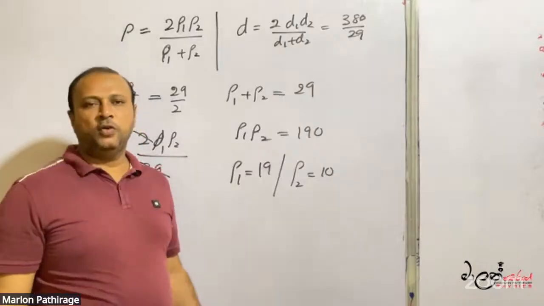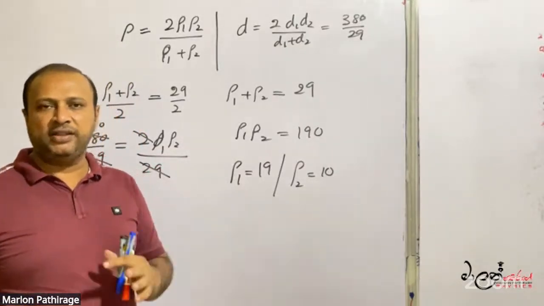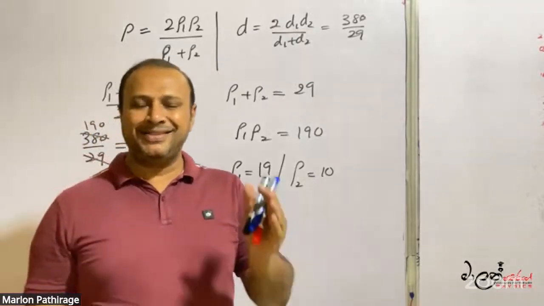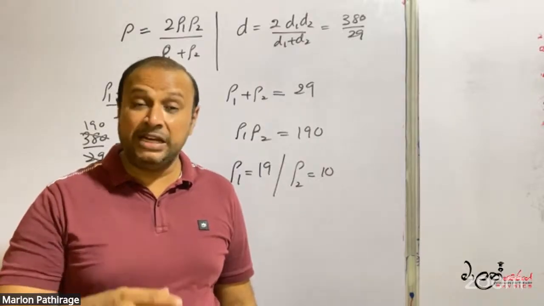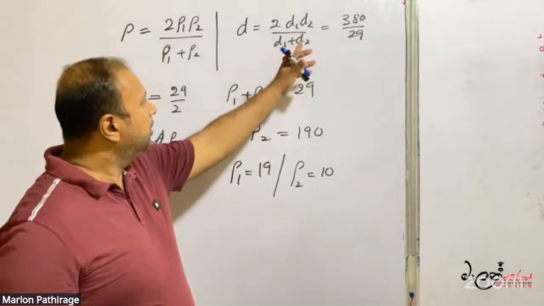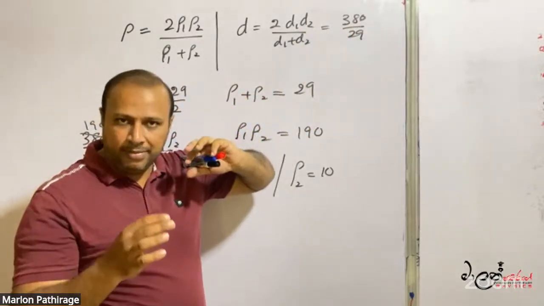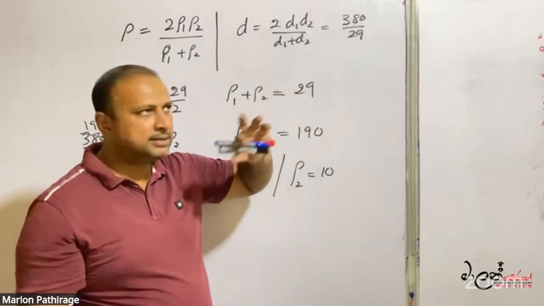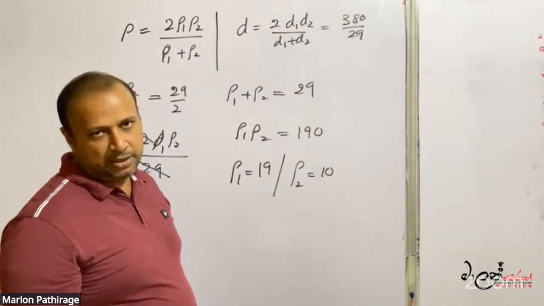First, you are given the relationship between densities when they are mixed in equal masses. When they are mixed in equal masses, the relative density of the mix is given as 380 over 29. So the relative density should be 2 times d1 d2 over d1 plus d2.